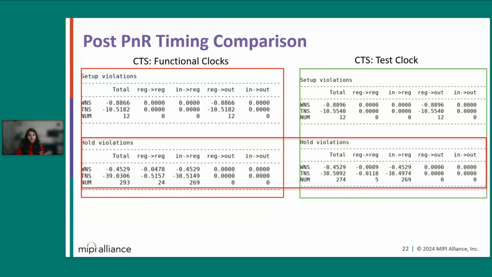But the internal hold timing is heavily violated in the first one, at 470 picoseconds. In the first case we have done the CTS in the functional mode, and in the second case the implementation has been done in the test mode, and we have a very good hold margin, very good skew, just 8.9 picoseconds.